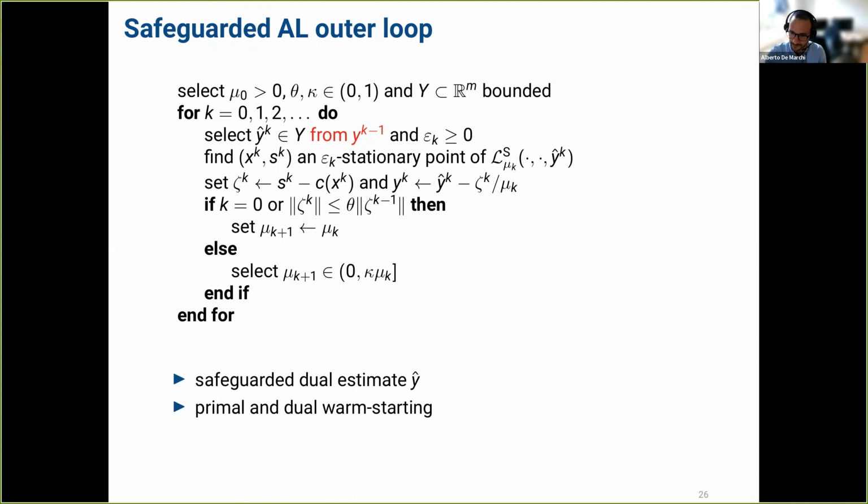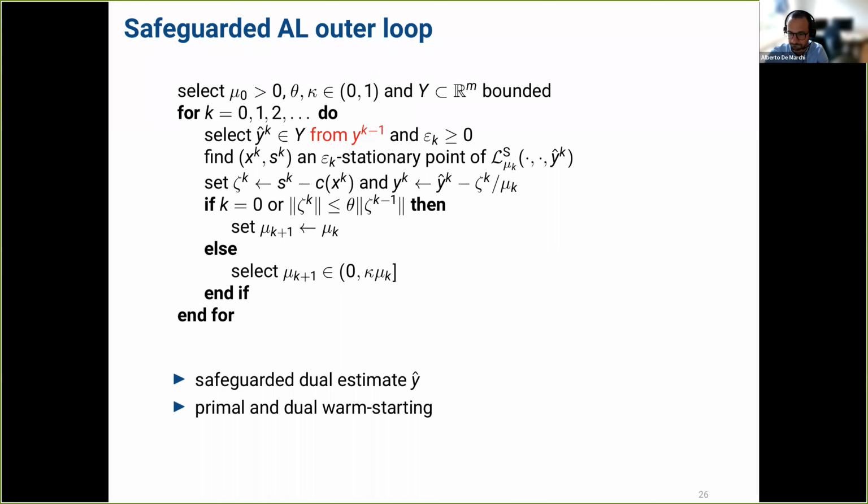And then depending on the improvement of the feasibility of this xk, sk, we make our penalty parameter smaller, or we keep it constant if the constraint violation is sufficiently decreased.